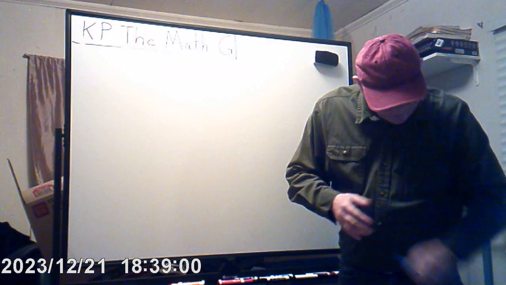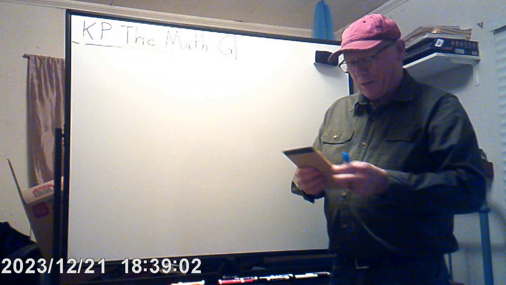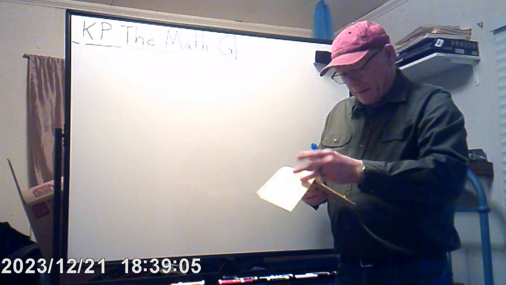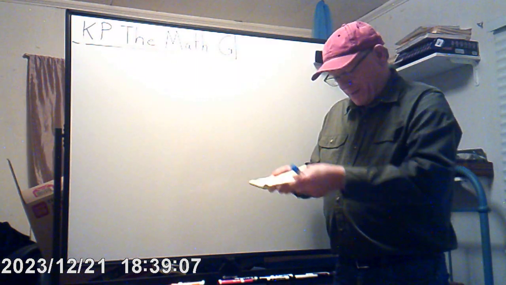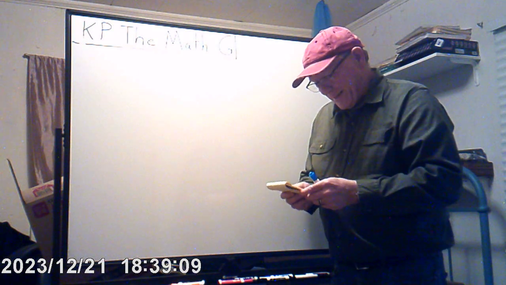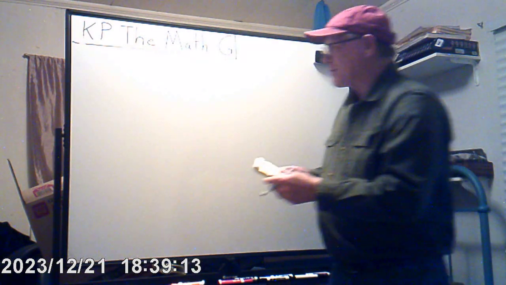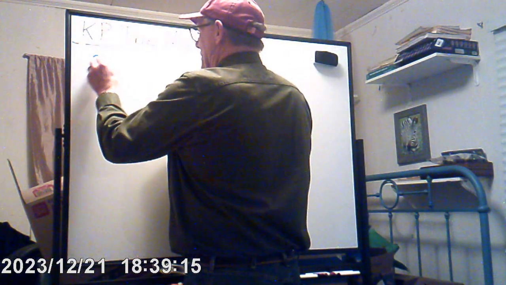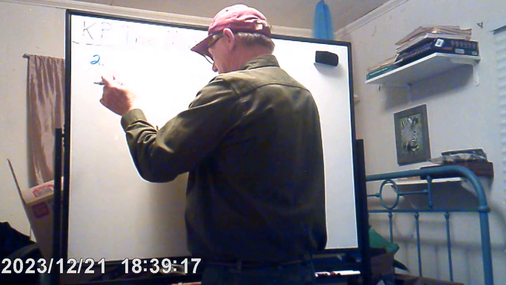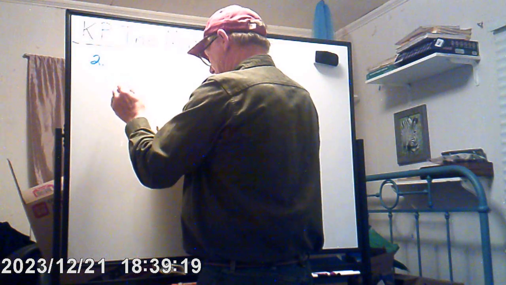Alright, so let's do another problem. This was going to be problem number 1. I have several pages of this here, but I want to go ahead and do this one. I could make it the third problem, but we're going to go with this one.